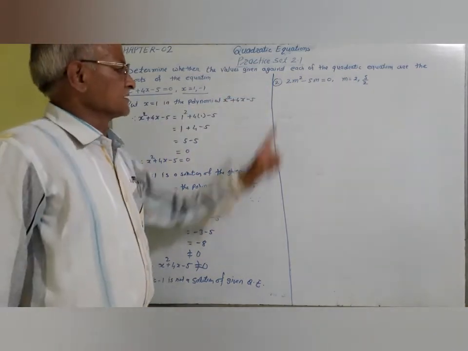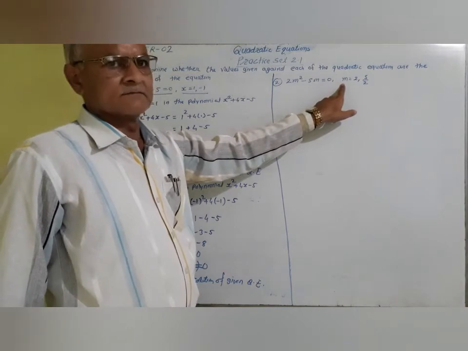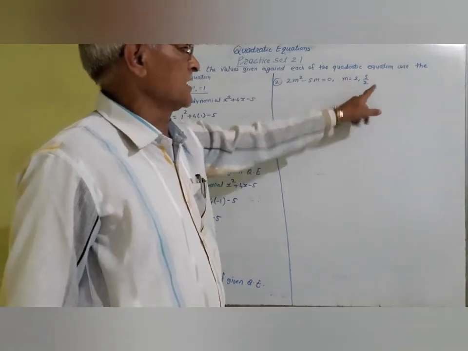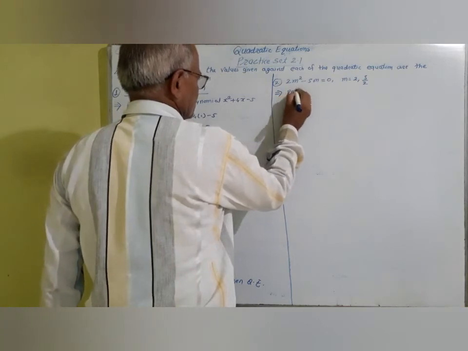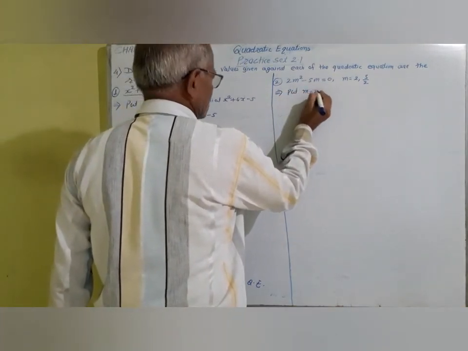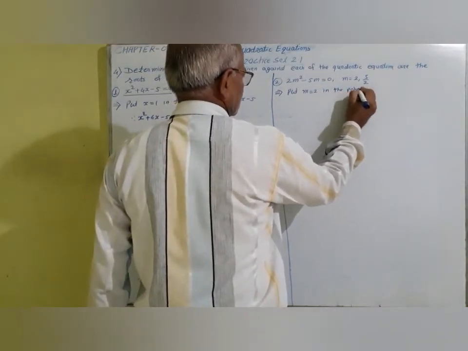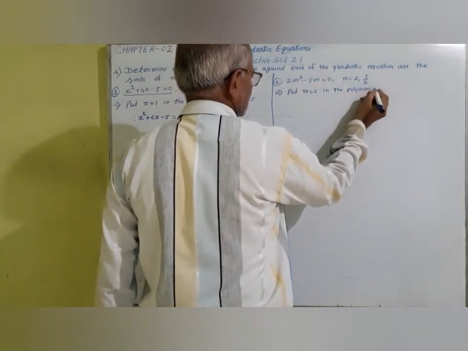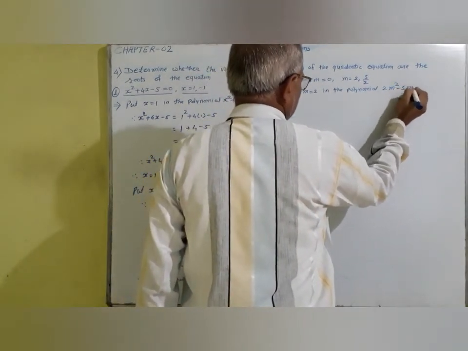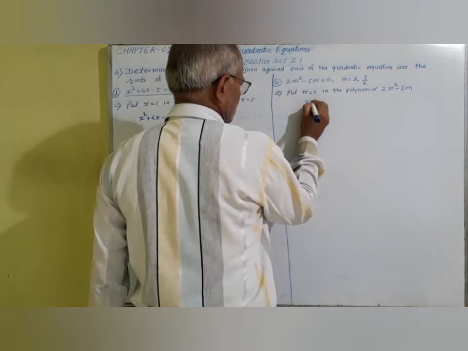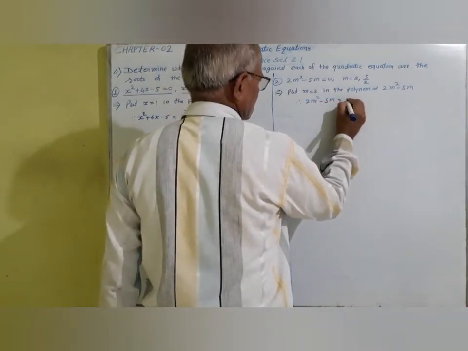Second example, 2m square minus 5m is equal to 0 and the values given against the equation are 2 and 5 upon 2. Therefore, first of all, put m is equal to 2 in the polynomial 2m square minus 5m.